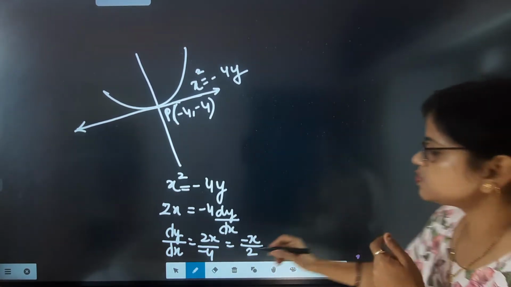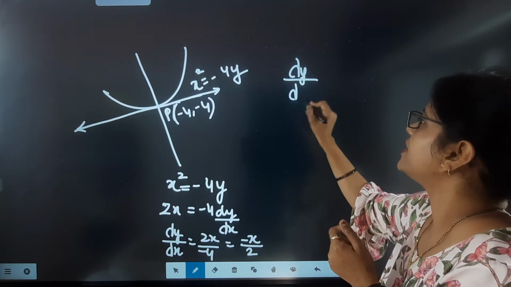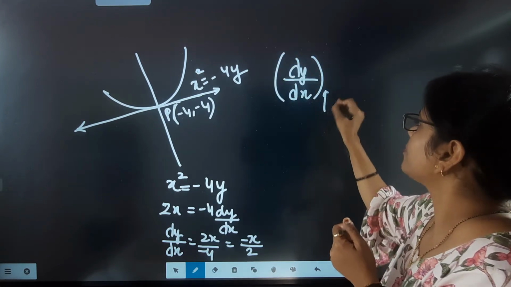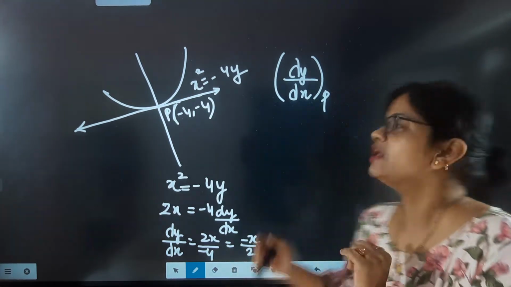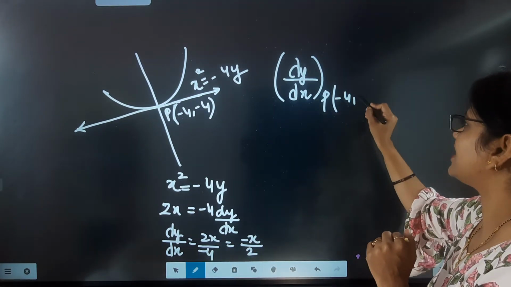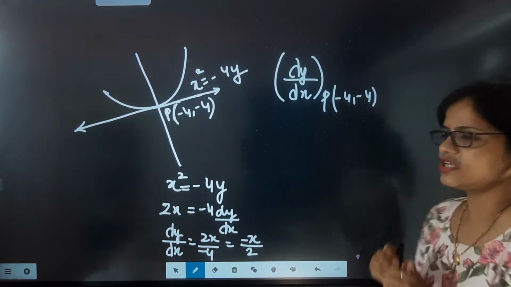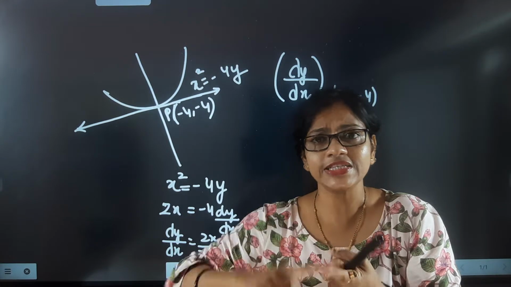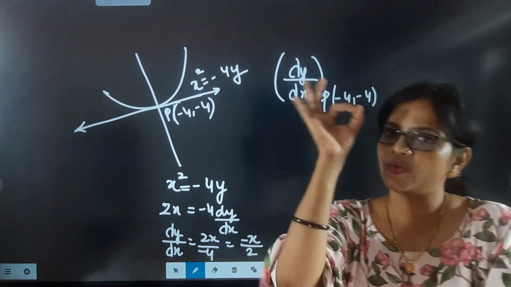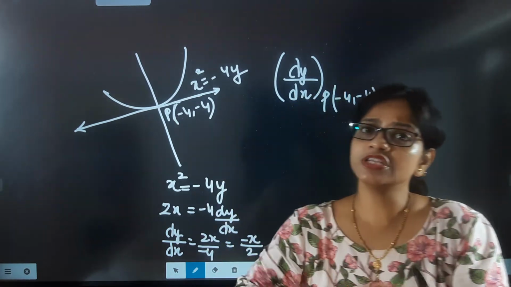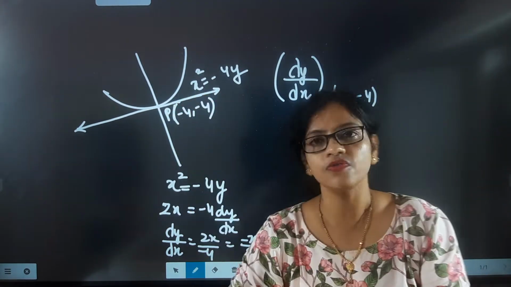So the slope of the tangent at point P, because P is the point which is common between all the three. We are going to take it as minus 4 and minus 4. Once we are talking about that point, this point is capable of satisfying the equation of tangent, the equation of normal, and the equation of curve also.